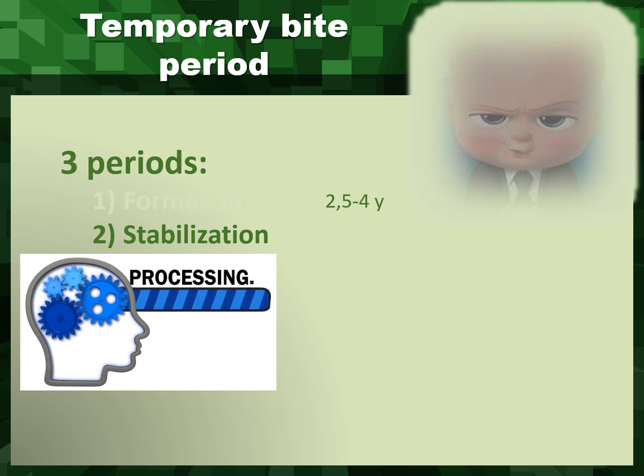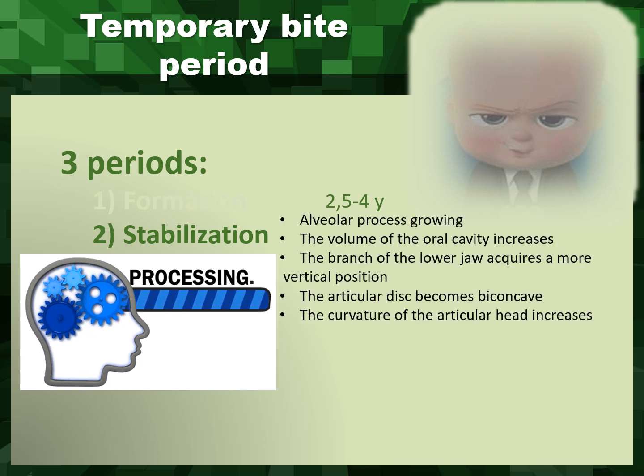Second period of the temporary bite, stabilization. Duration of this period is from 2.5 years till 4 years old. And what are the signs of this period? Alveolar process growing.